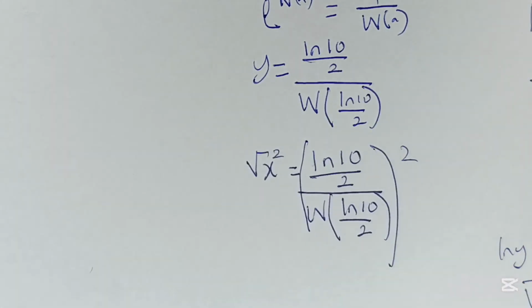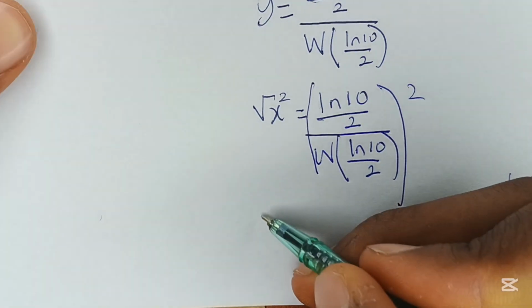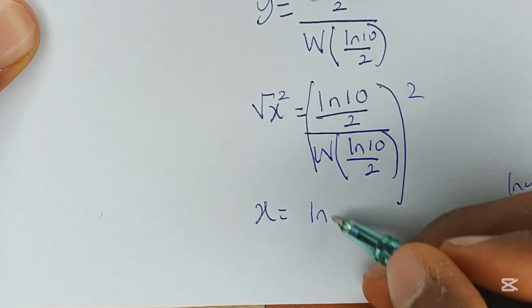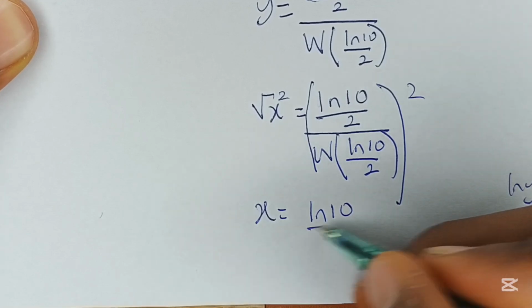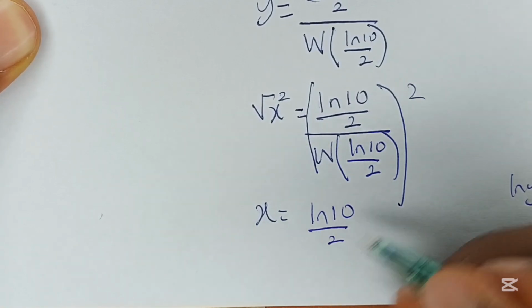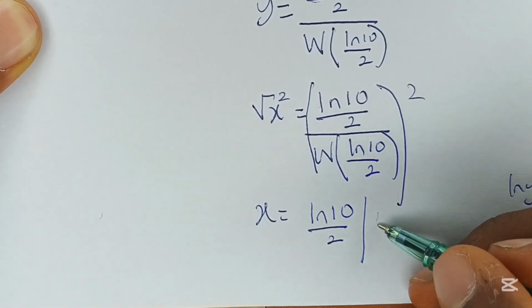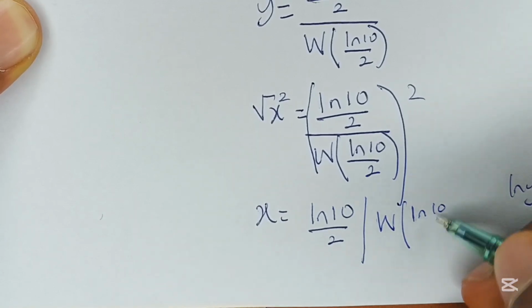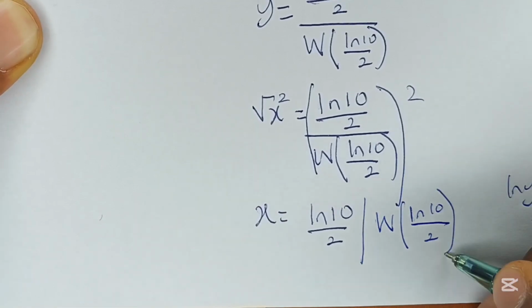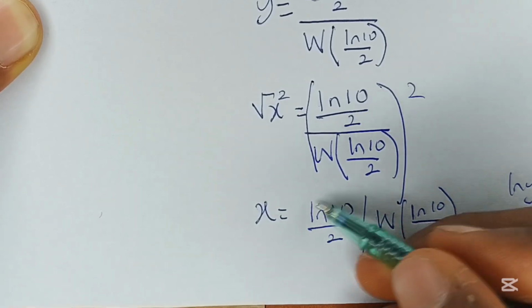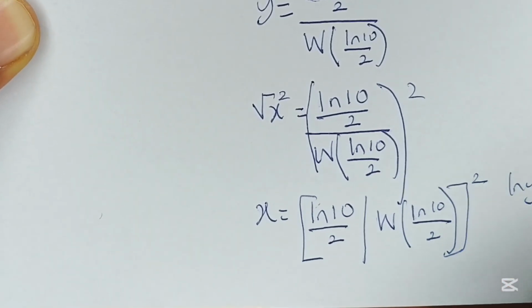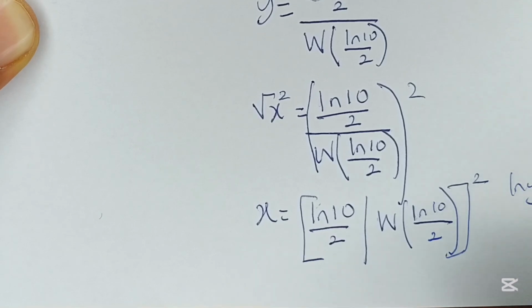So it means that x now becomes equal to ln of 10 divided by 2, divided by W of ln of 10 over 2, all raised to the power of 2. So this now becomes the answer to this equation.